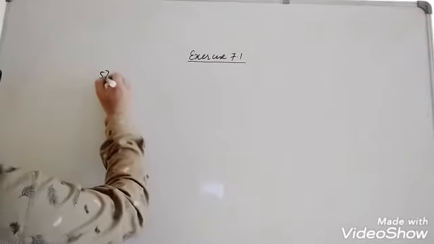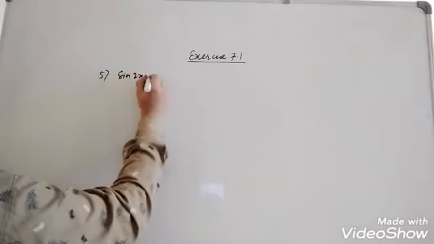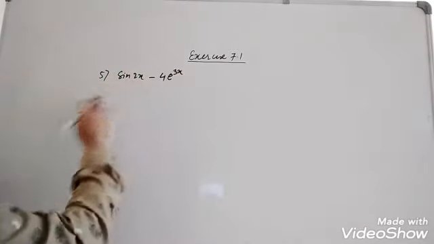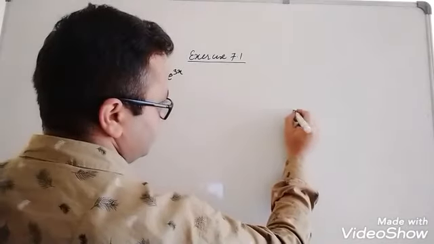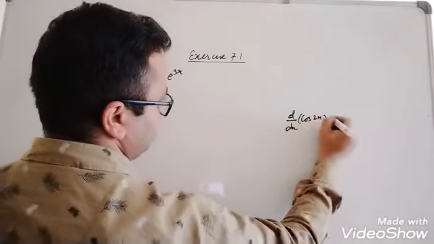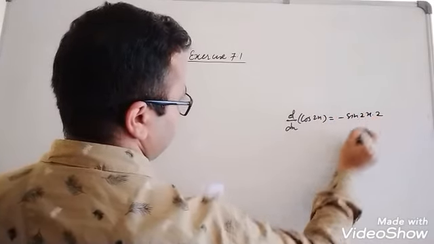Question number 5 is sin 2x minus 4e to the power 3x. So sin 2x is from cos 2x. d/dx of cos 2x equals minus sin 2x into 2.